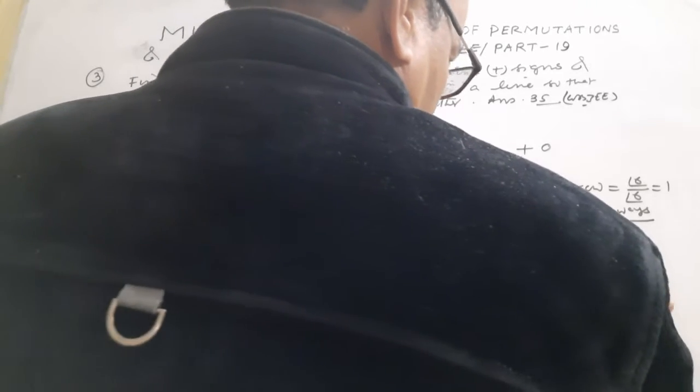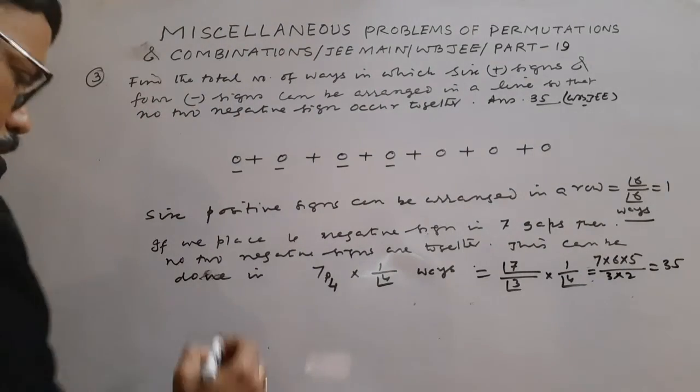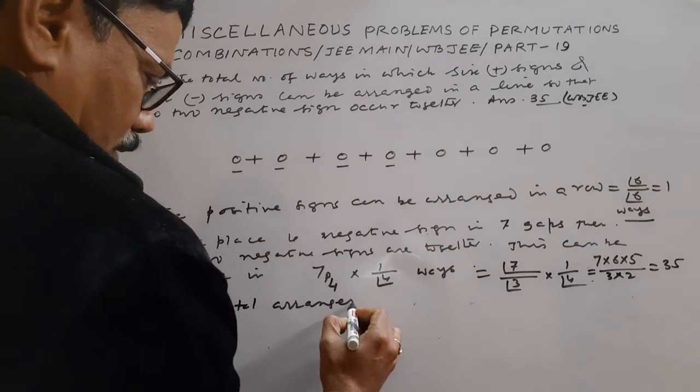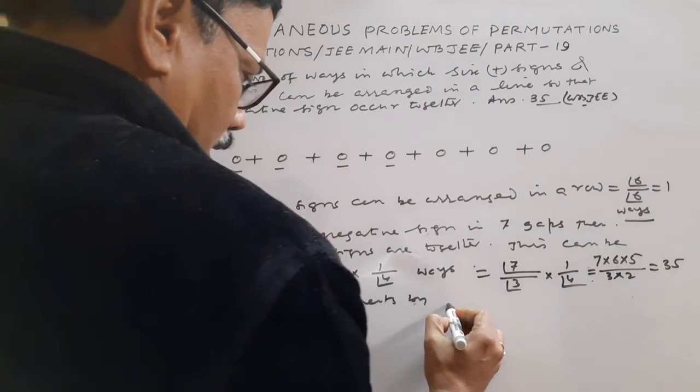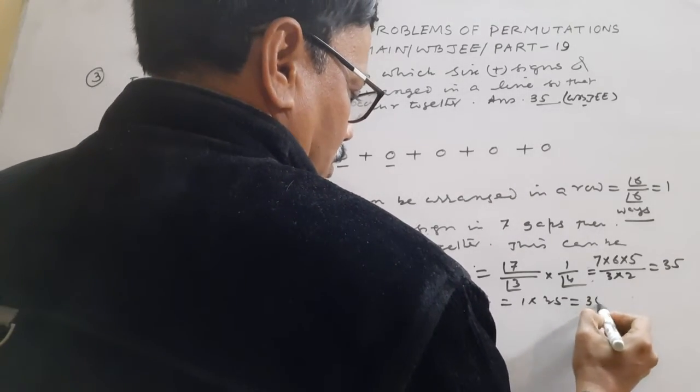So this one is factorial 7 by factorial 3 into 1 by factorial 4. So this one is 7, 6, 5 over 3 into 2, so 35. So total arrangements by FPC, 1 into 35 equals to 35.